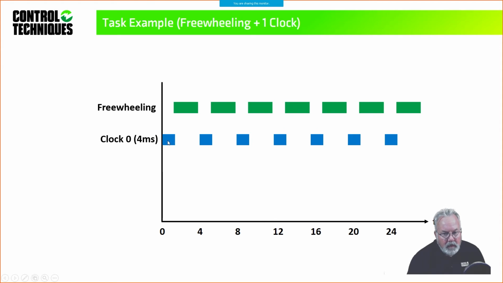The code in this task is going to execute every 4 milliseconds in my example. Now, it doesn't take 4 milliseconds, as you can see. All right, so the balance of the time is consumed with the freewheeling task. The 4 millisecond tick comes around, that runs, then that runs, and over and over and over. So that's a clock task.